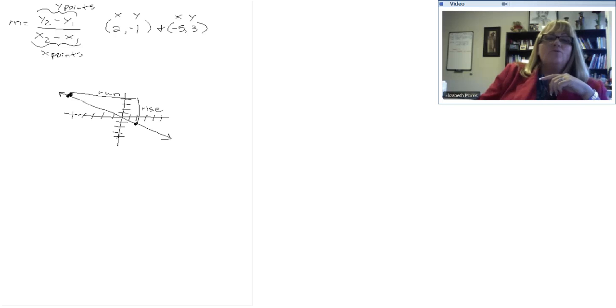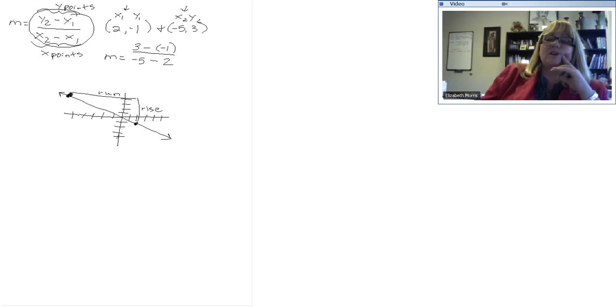So all you do, these are our first set of points, these are our second set of points. It doesn't matter which ones. You could make these ones your first and these ones your second. Doesn't matter. But we're going to fill in this formula. So Y2 minus Y1 over X2 minus X1.